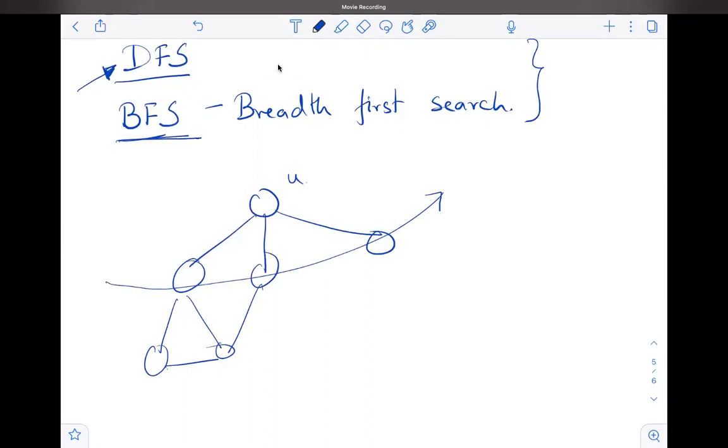Of course, in order n square you can convert an adjacency matrix into an adjacency list and then work on it. So anything that can be done with an adjacency list can be done with an adjacency matrix, with that additional extra cost.